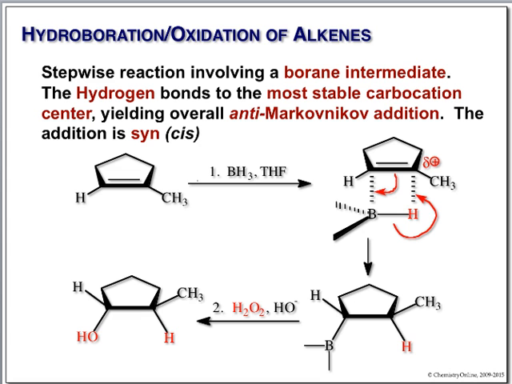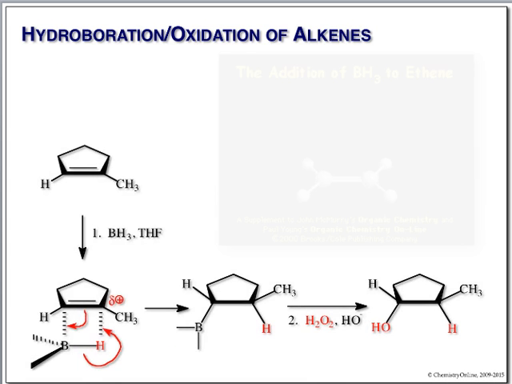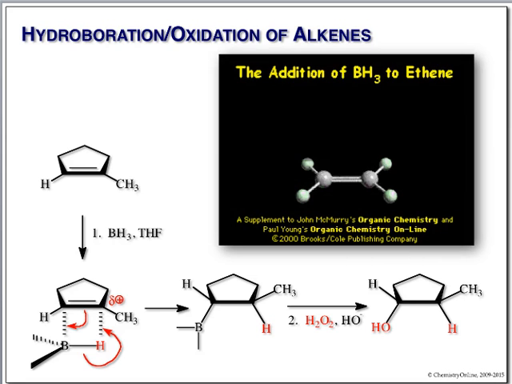Of course, I made a movie. Here we're going to simply take ethene, but again, our mechanism. This is going to add, again, from the same side of our double bond. We will get the organic borane.